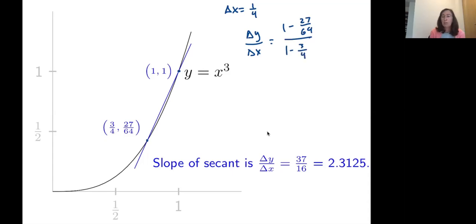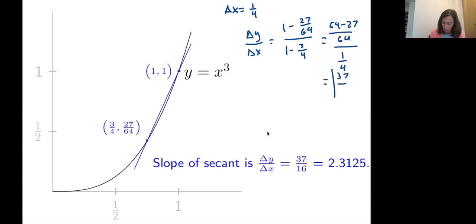I think I might have switched the starting point and the ending point, but you'll see it doesn't matter here. All it does is affect the signs of numerator and denominator. So calculating that, I get 64 minus 27, kind of tedious here, divided by 1/4, that is 37/4. No, not 37/4, 37/16.